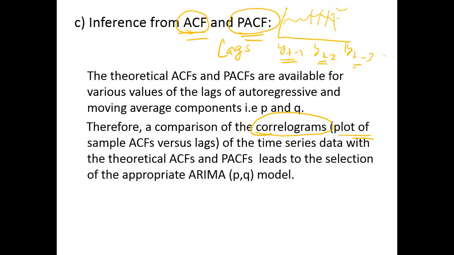A correlogram is nothing but the plot of the ACF function with respect to the lags. By looking at the ACF and PACF with respect to the lags, we select the P and Q values in ARMA: P value in AR, Q value in MA. In ARMA we have two parameters, the AR and MA parameters, P and Q.